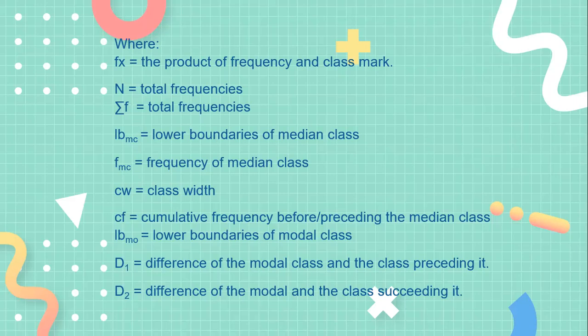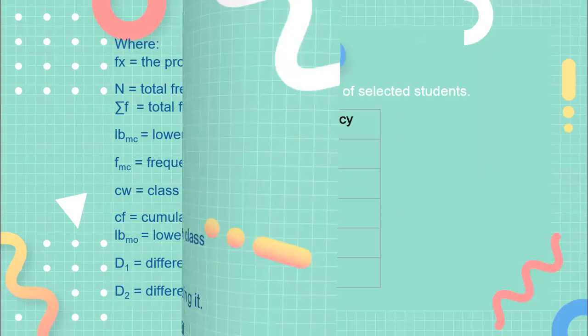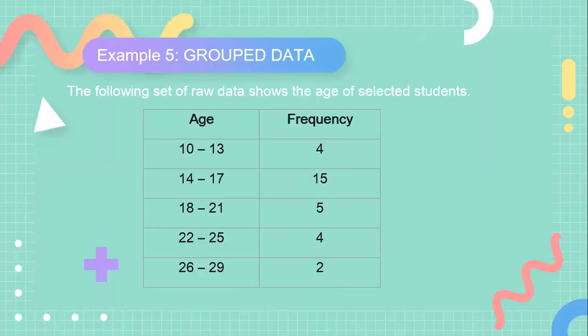D1 is the difference of the modal class and the class preceding it, and D2 is the difference of the modal and the class succeeding it.